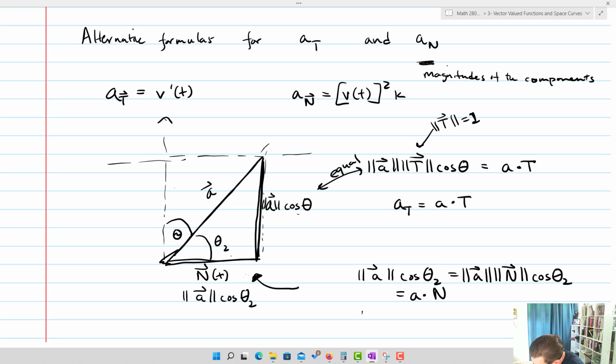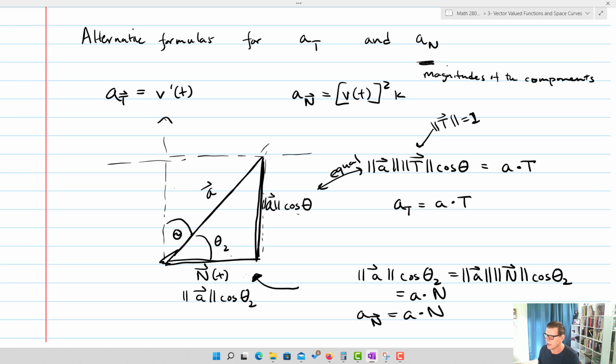So the magnitude of the normal component, a sub n, is going to equal a dot n. And that's another way that we can figure out the magnitude of a sub t and the magnitude of a sub n.